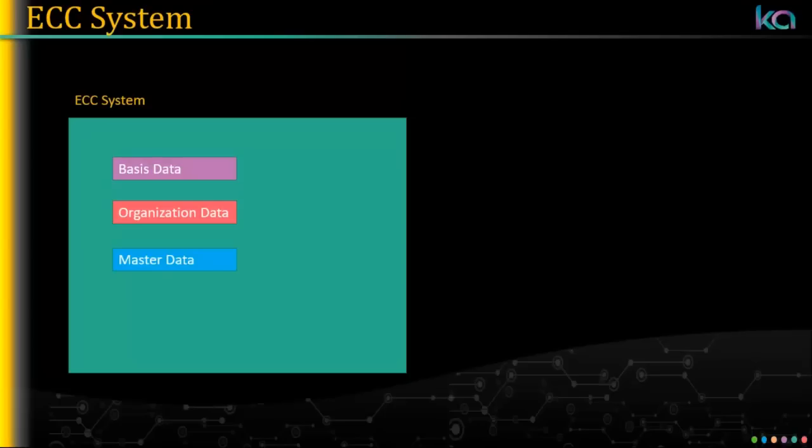And the master data will be set up by the master data management team. Once org data is available, the master data would be created based on reference of organization data. And once the master data has been set up, then the transactions would be posted towards the master data.